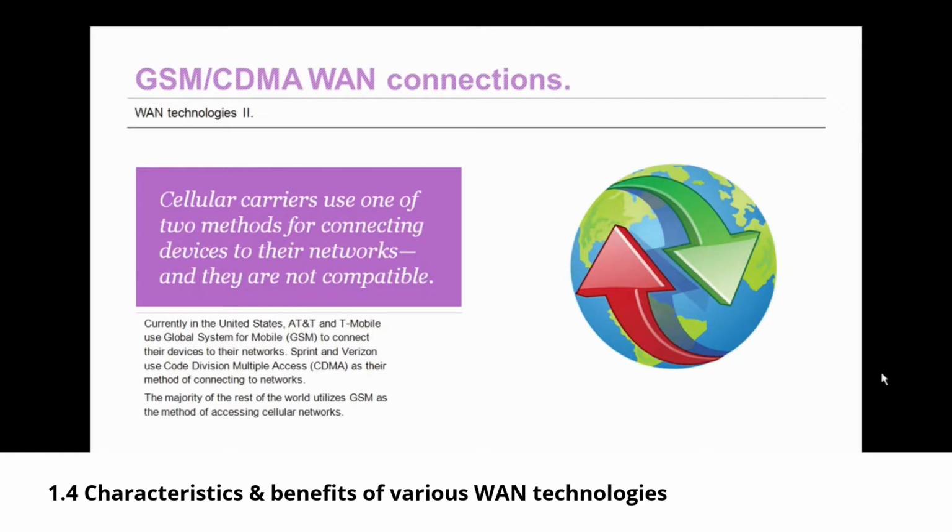Both Sprint and Verizon use code division multiple access, also known as CDMA, as their method of connecting to networks. And those two standards are not compatible. The majority of the rest of the world utilizes GSM as the method for cellular network access.